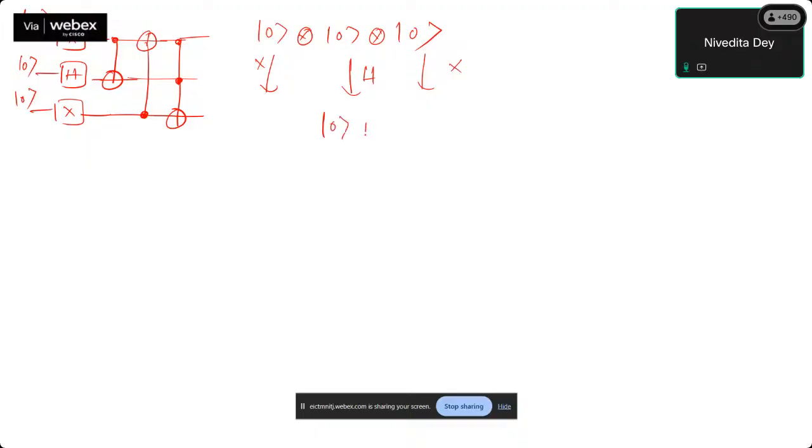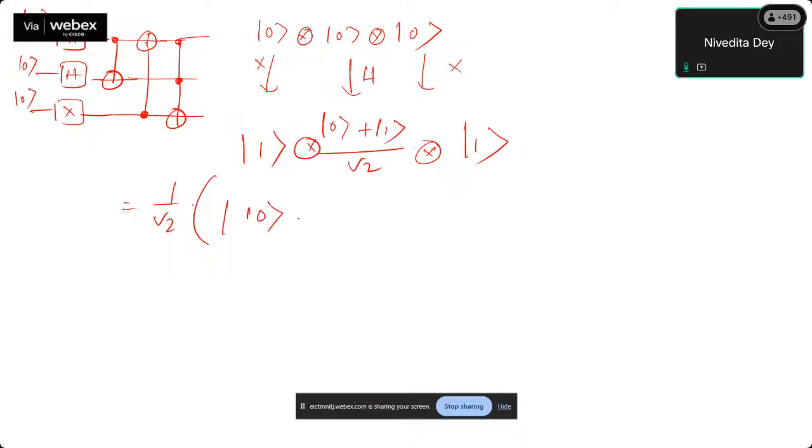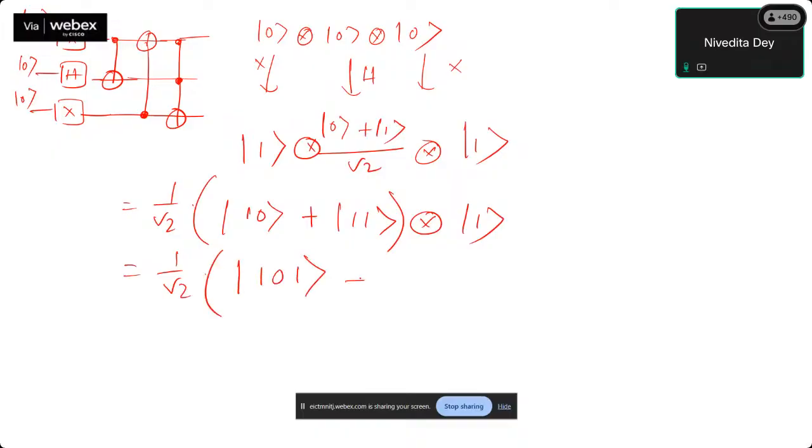Hadamard will make it this, and 0 on NOT will become 1, and this also will become 1. So this is nothing but 1 by root 2, taking it as common: 1, 0 plus 1, 1, product 1. If I write it down, it's 1 by root 2 times 101 plus 111. So till this part, this is the story.